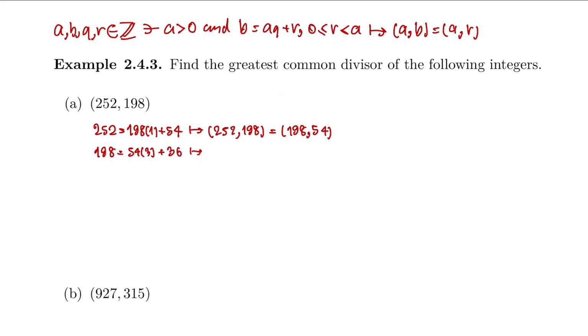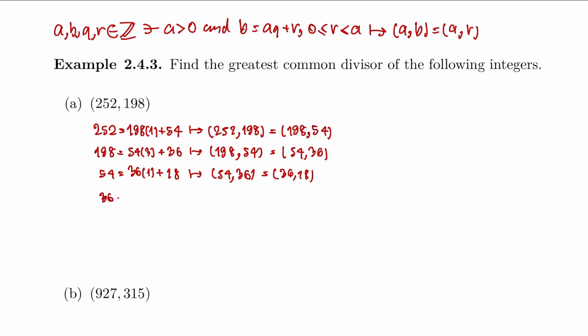So 198 equals 54 times 3 plus 36. And what happens with 54 and 36? We have 54 equals 36 times 1 plus 18. So the greatest common divisor of 54 and 36 equals the greatest common divisor of 36 and 18.